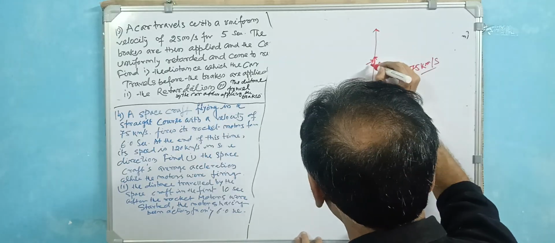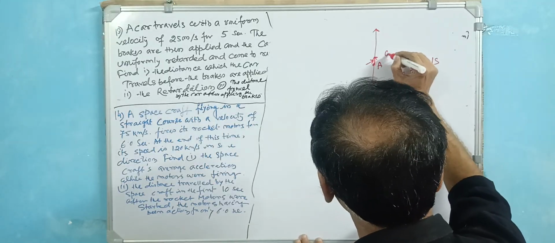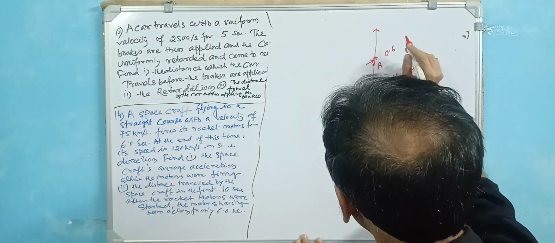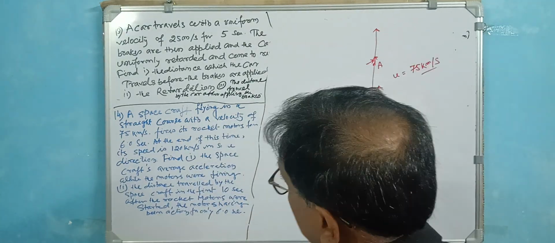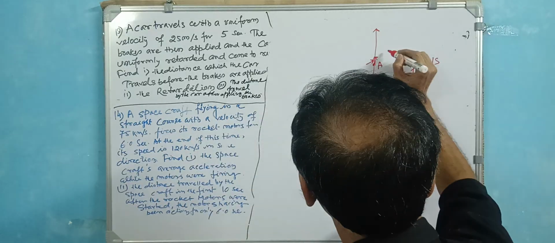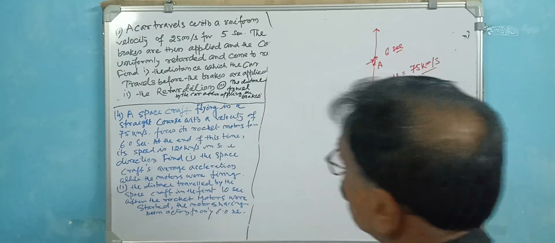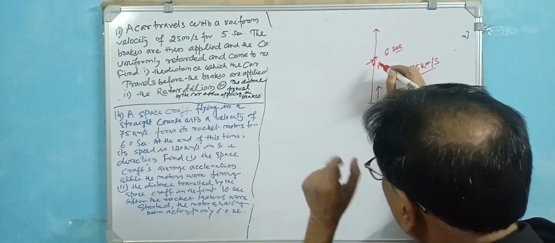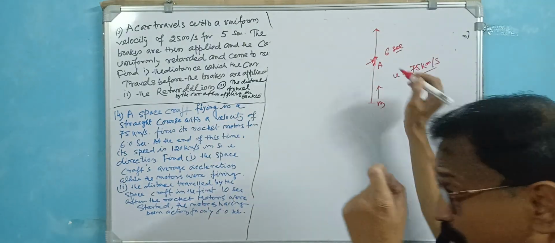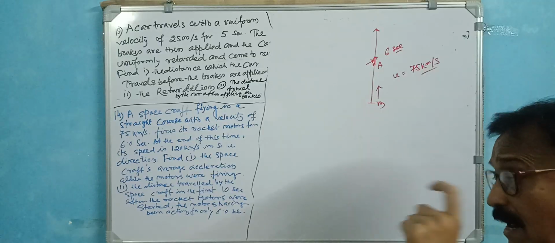Here the rocket is fired, and this continues for 6 seconds. The total time fired is 6 seconds.